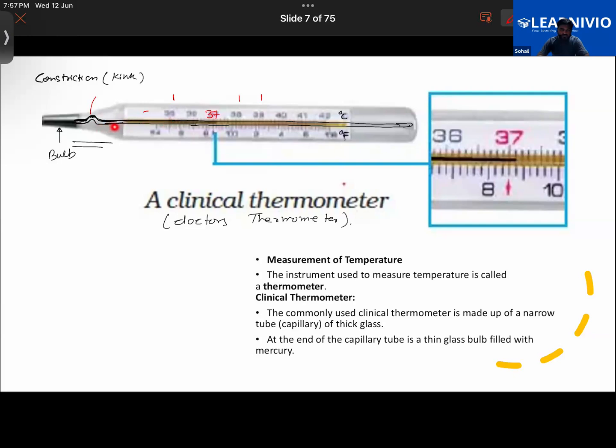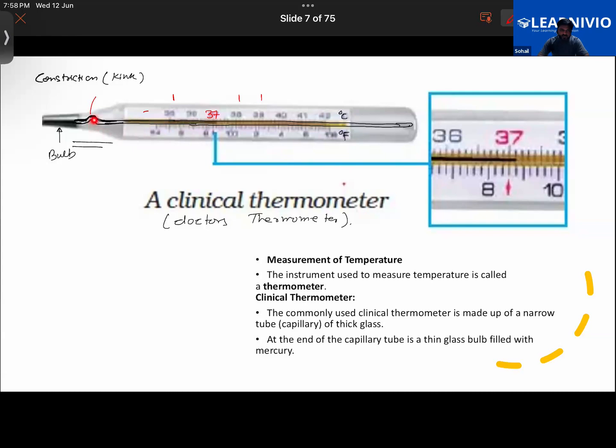So say someone is suffering from a fever. Let us say the temperature is 38 degrees Celsius. So mercury will start to expand, and here it will stop at 38. Say someone is not suffering from fever. So the normal body temperature will be 37. As you put it in the mouth of the person, it will expand, and it will stop at 37. So that is how it basically works.